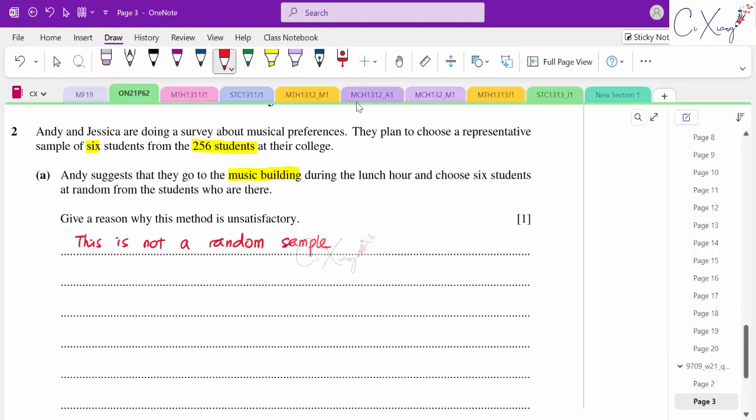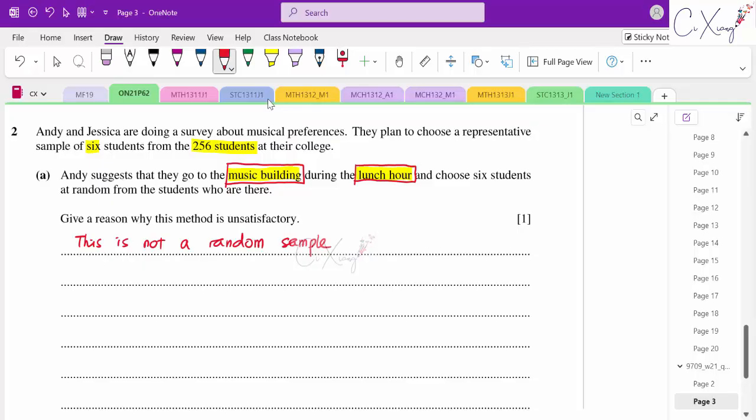So random sample means that you should select the sample from anywhere inside the college. It shouldn't be focused only on a certain place at a certain time. So to me, the music building is a restricted area where they find the sample. Another one is the lunch hour, which is also another restriction. Okay, so these two reasons cause the sample found to not be a random sample.